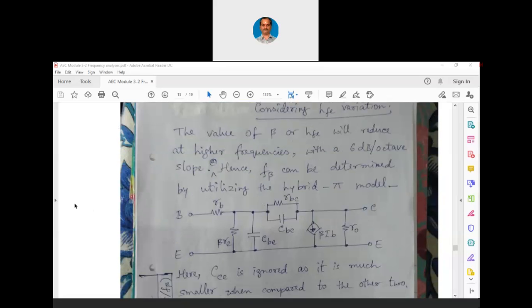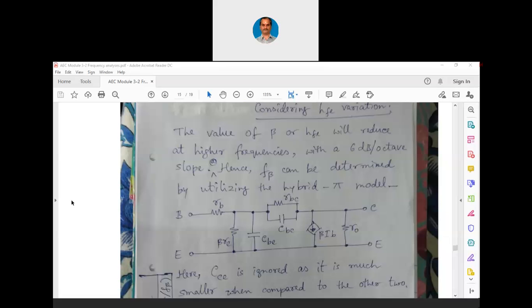Again, I had discussed beta DC and beta AC: DC current gain and AC current gain. That AC current gain is only with reference to the small signal analysis at the Q point. Beta DC is a fixed value for a given transistor. It's a DC current gain, capital IC by capital IB.